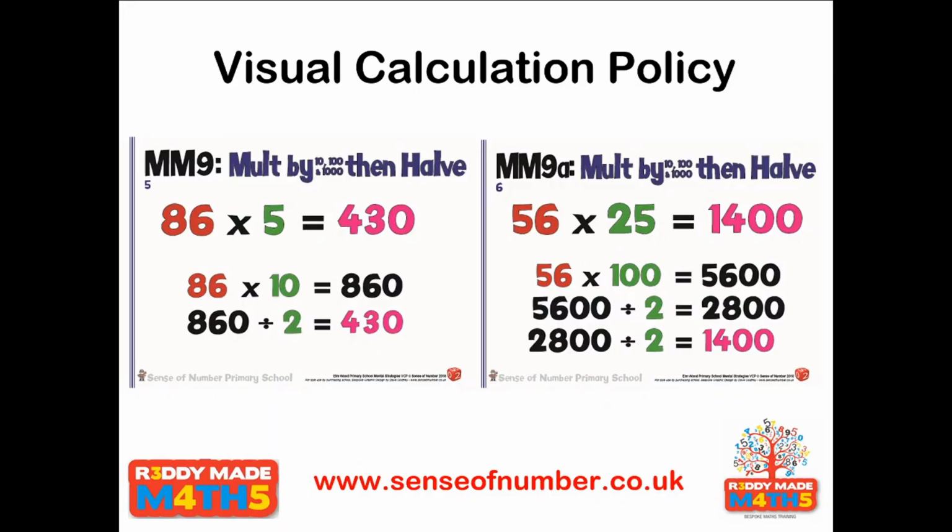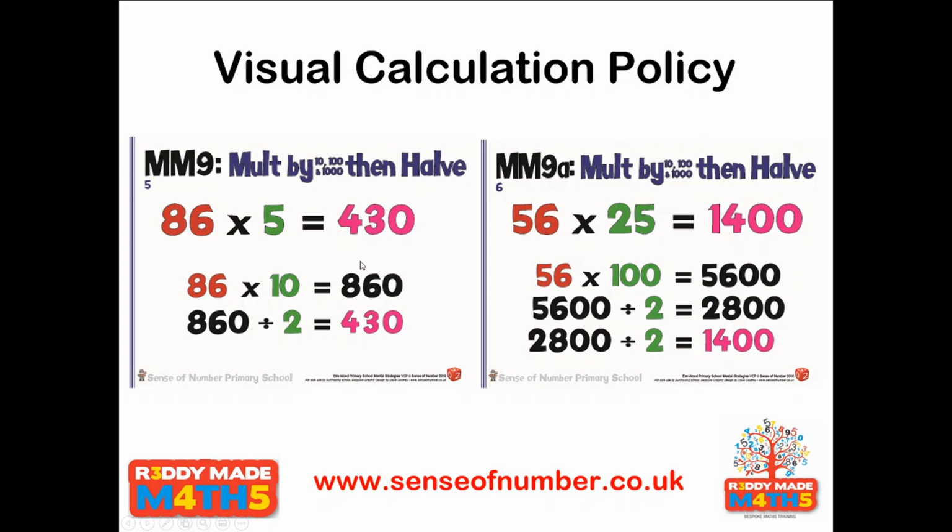Let's just have a quick look at the visual calculation policy from senseofnumber.co.uk. As you've probably seen in some of the other videos, I use this policy to exemplify all the different strategies that we've been looking at. We can see here 86 multiplied by 5, very simple, 86 times 10, 860, and half it.